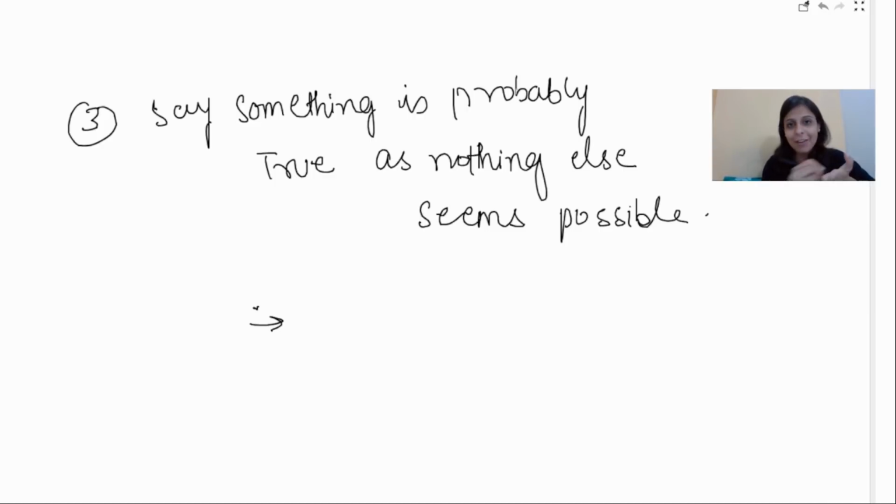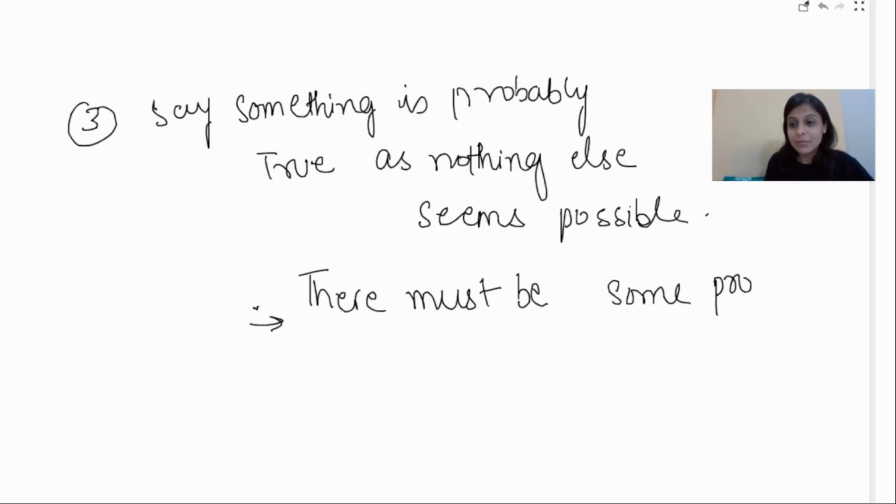And you get it acknowledged from your parents that my child didn't complete his or her homework because of this and this reason. And that is when your teacher thinks that there must be some problem, because no other possibility seems to be real.